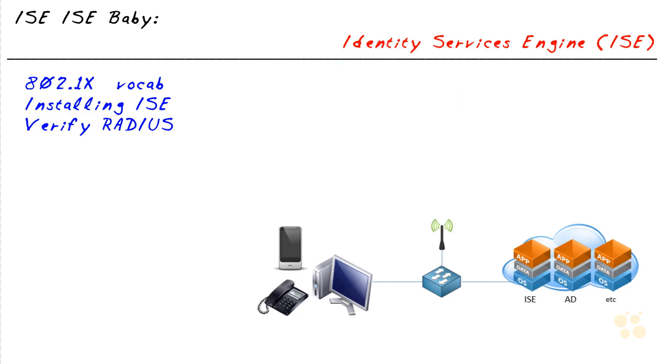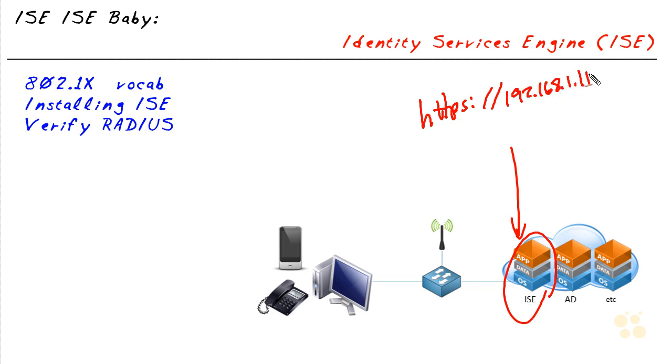Now, once ISE is installed, it's sitting there. How do we use it? Well, we're going to open up a browser, https:// and then the IP address or the resolvable name of the server that's currently running ISE. So that would be our virtual machine inside of VMware. In my lab, it's 192.168.1.117.